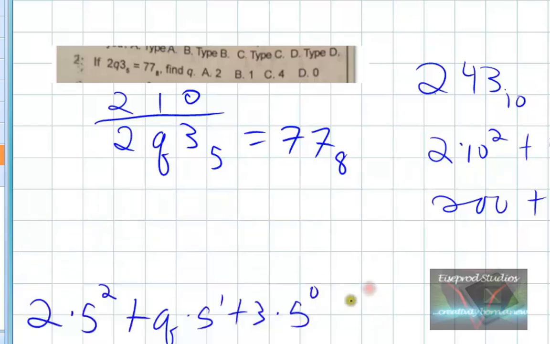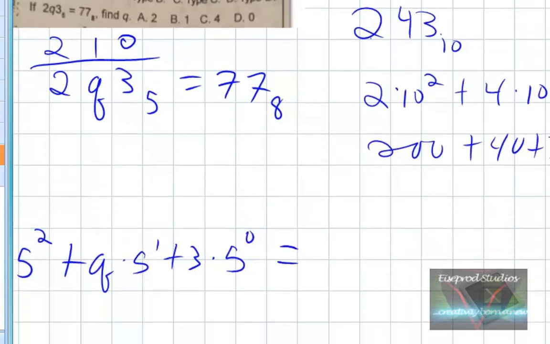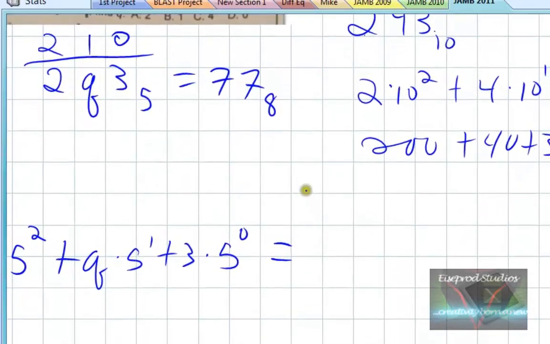So I'll move this down, and then we're going to do the same thing for the other half of the equation, but we're going to do it with 8. So again, going from right to left, this would be 0, this would be 1. So we have 7 times 8 to the first power plus 7 times 8 to the 0 power.